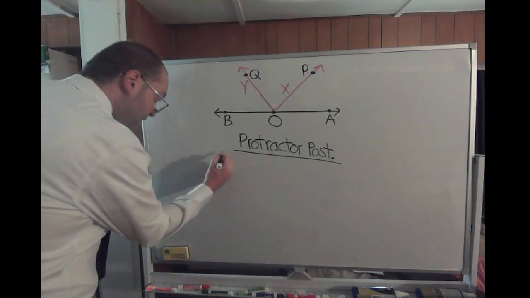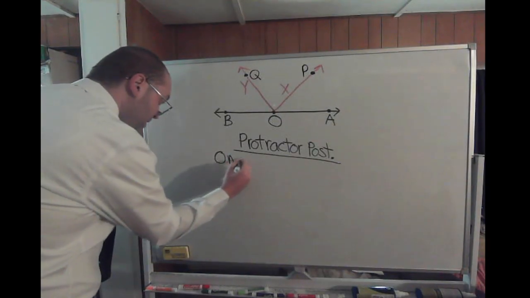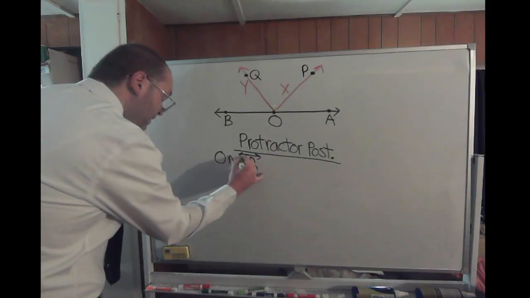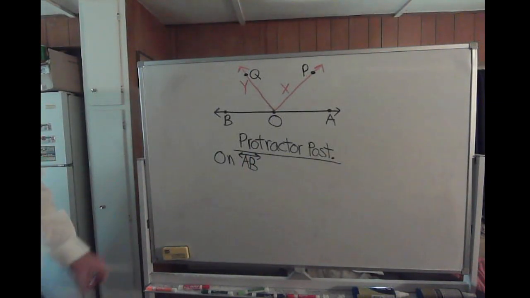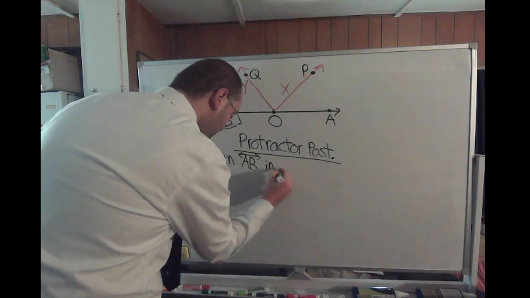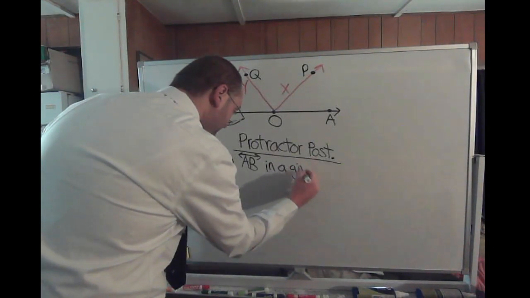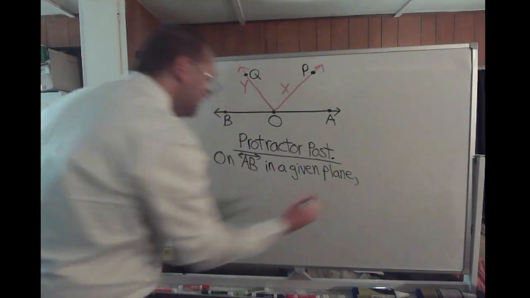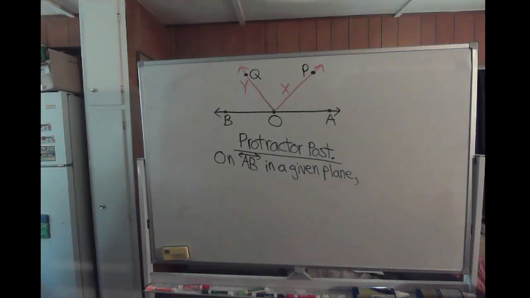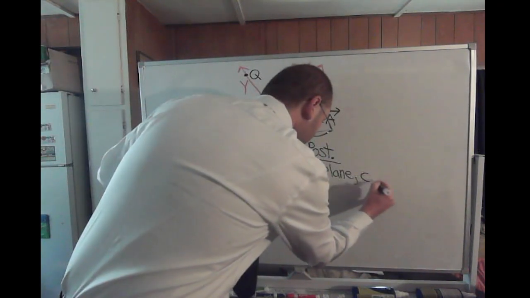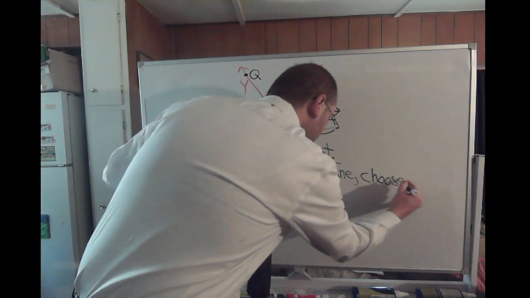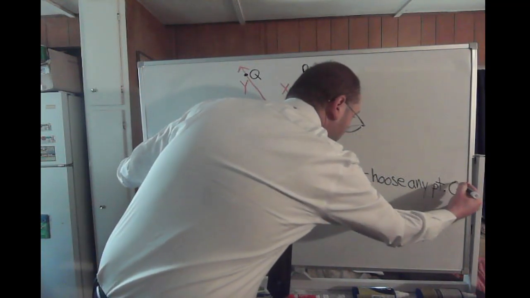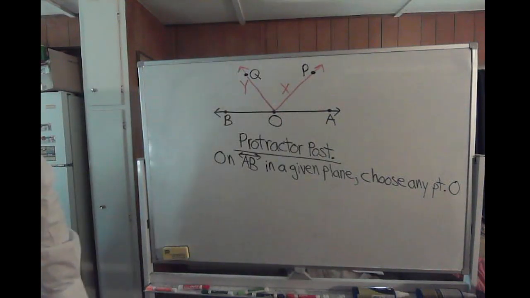Okay, so this states that on line AB, in a given plane, choose any point O. Yeah, I'm going to take up a lot of board space here.